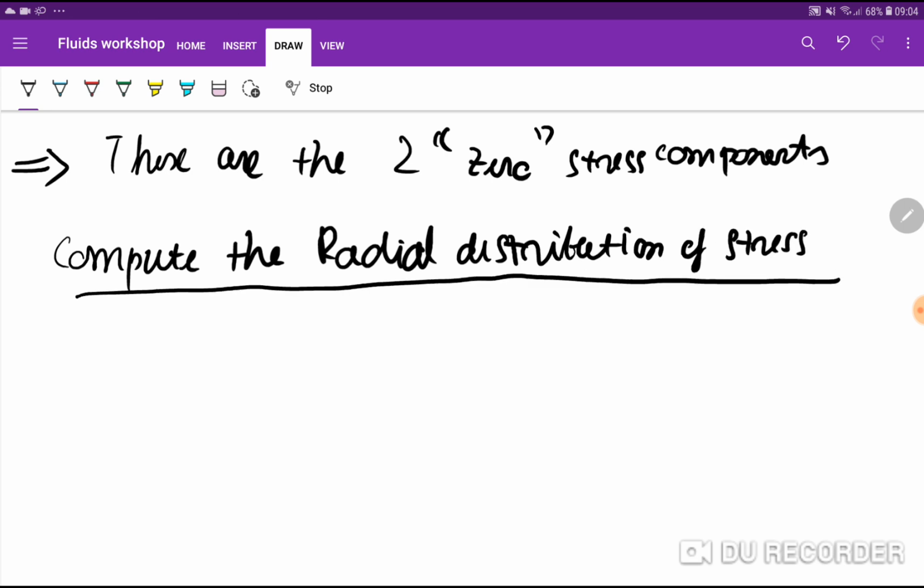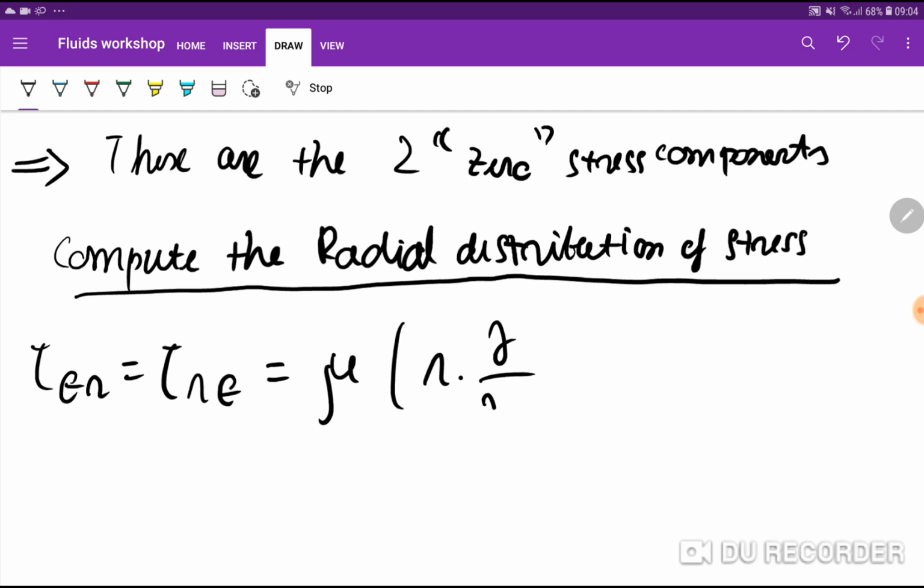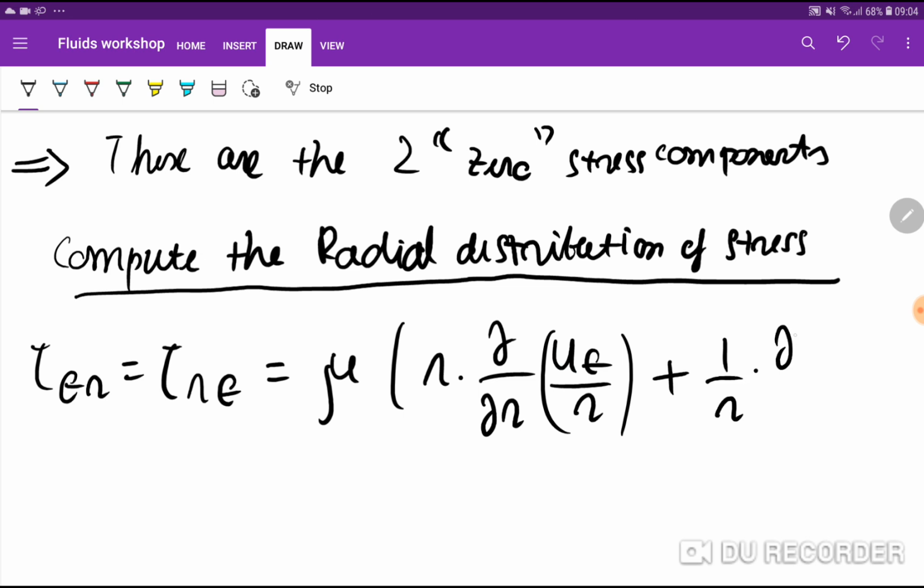Okay, how do we do that? It's the same table, but you move down. You say tau theta r equals tau r theta, which is equal to mu times r times the partial with respect to r of u theta over r, plus 1 over r times partial ur over partial theta.